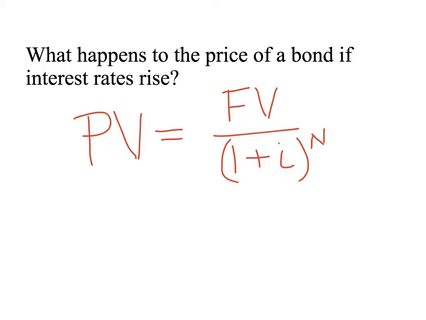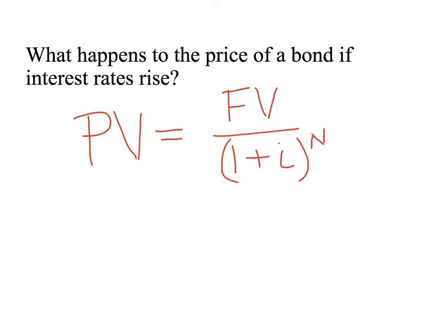So if interest rates rise, that means the denominator goes up, which means this quantity falls. So in general, bond prices and interest rates move in opposite directions. That's just a mathematical fact that you can see through this equation.